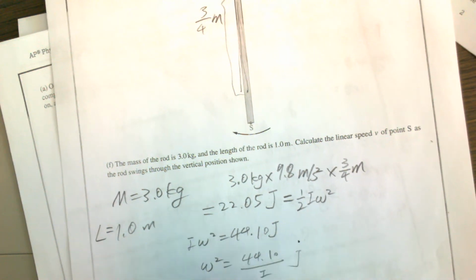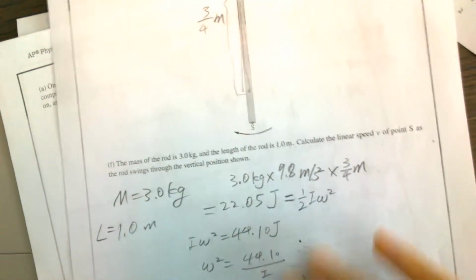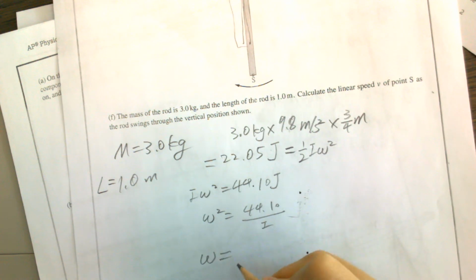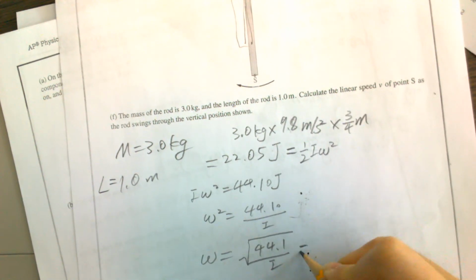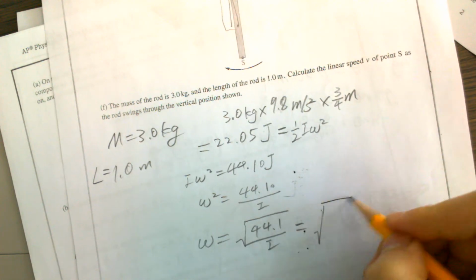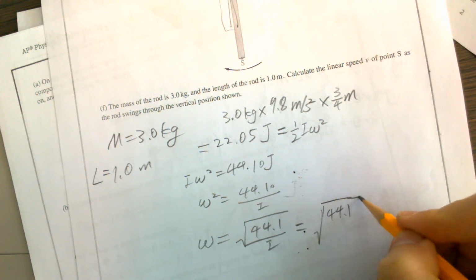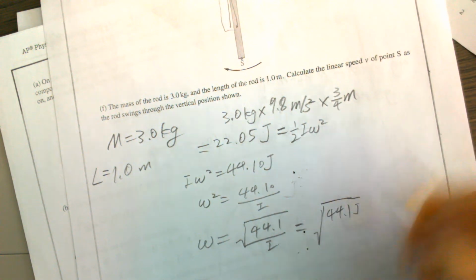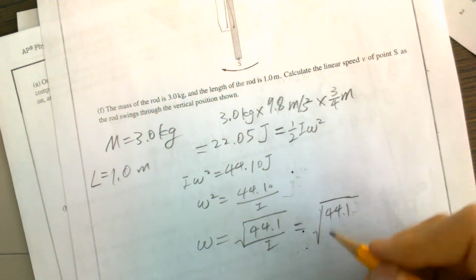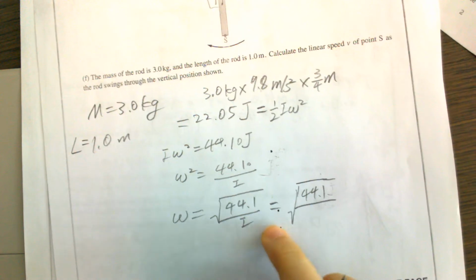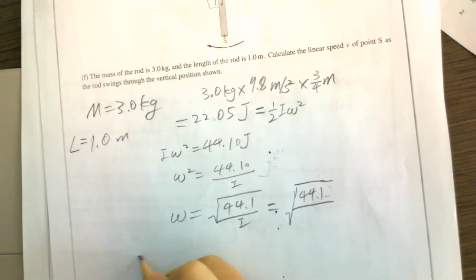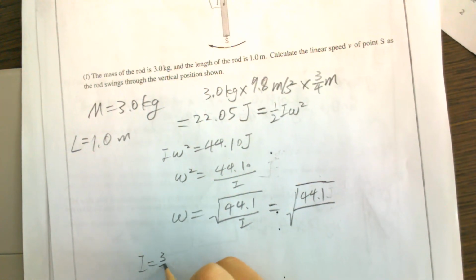So my omega is the square root of 44.1 over I. Now, the rotational inertia I is equal to 3/5.